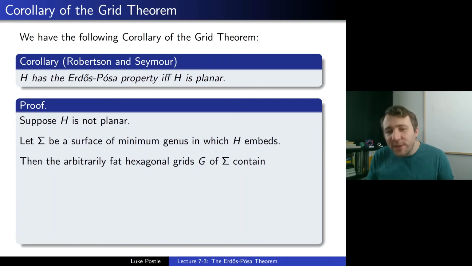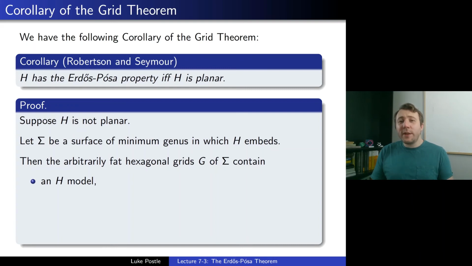And then you take arbitrarily fat hexagonal grids G on sigma. Imagine a grid, let's make it hexagonal, you could try a square, but let's do hexagonal, and fat, meaning they're locally planar, that they have large edge-width. We'll pick an edge-width much, much larger than the f of k that the enemy is saying the Erdos-Posa property holds with. And what you'll notice about these large grids is they do contain an H model.